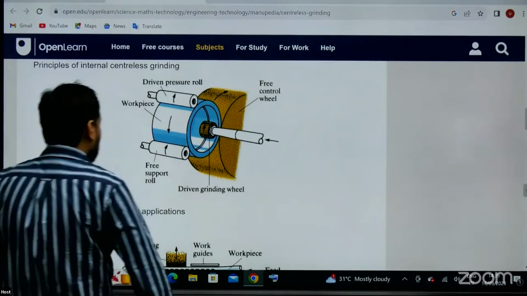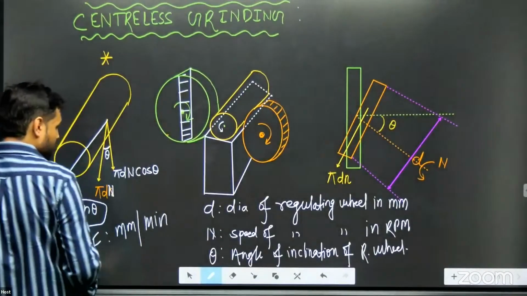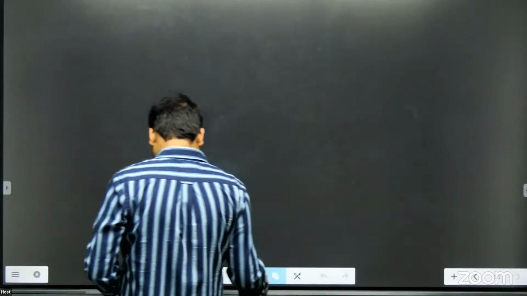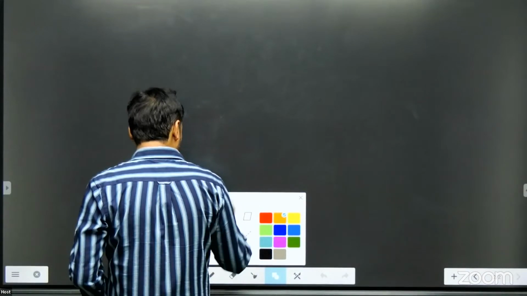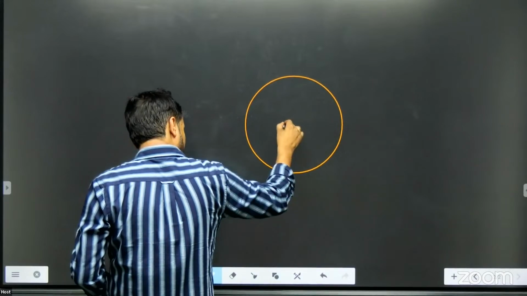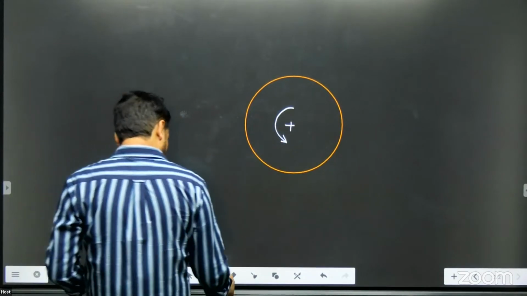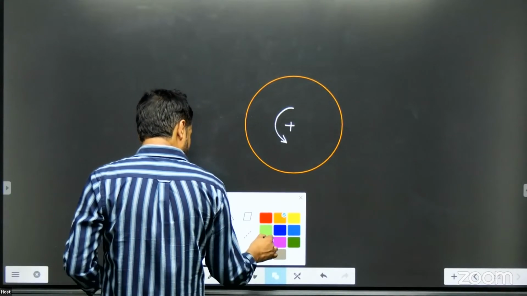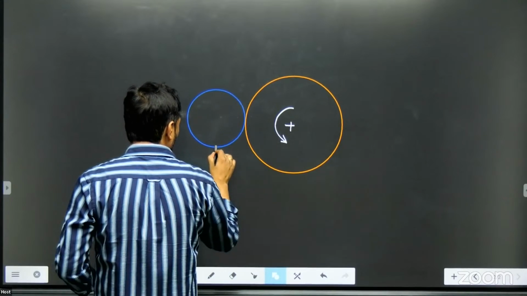And if you want to draw it on your own, you can draw it very easily. You just have to draw a certain number of large and small circles. The large circle over here is the control wheel, let us say rotating in this direction. Then, let us say that's your workpiece, which is the hollow one.